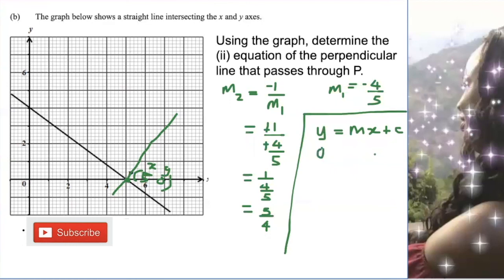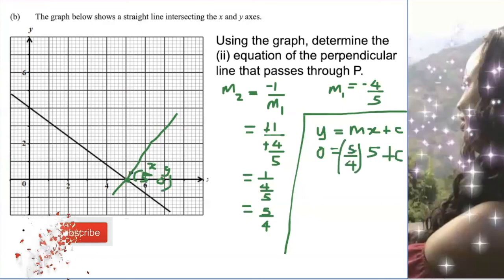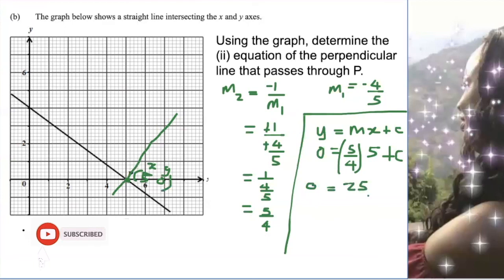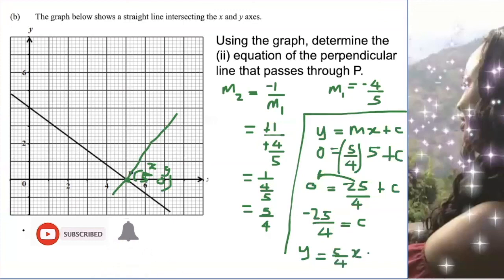So y is 0, x is 5, and the gradient is 5 over 4, plus c. 5 times 5 is 25, so I have 0 is equal to 25 over 4 plus c. Then carrying this over the equal sign, I have minus 25 over 4 is equal to c. So the equation of the line is y equals the gradient, which is 5 over 4, x minus 25 over 4.